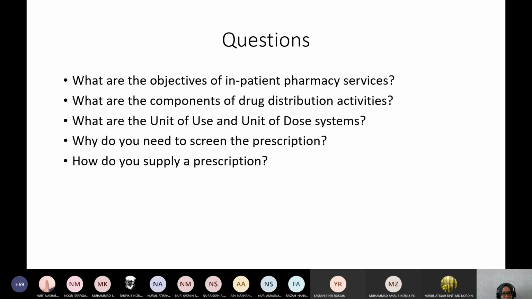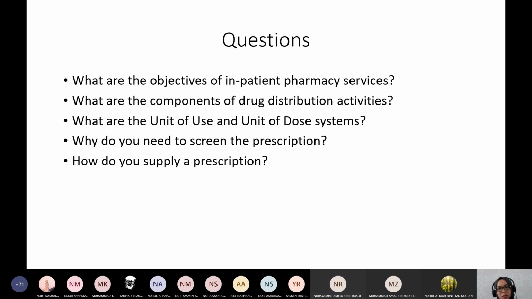The nurse in charge will pull the trolley to the inpatient pharmacy, and the inpatient pharmacy will check the prescribed medication and fill in the bin of the trolley with the medication, and counter check by another pharmacist before distributing to the ward.